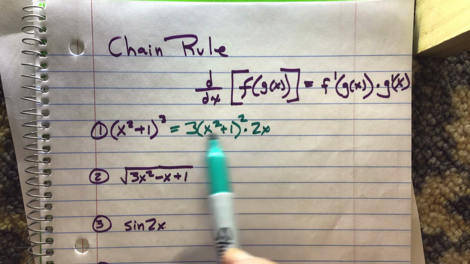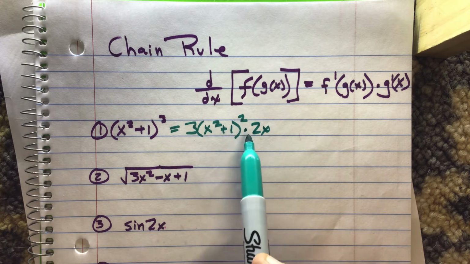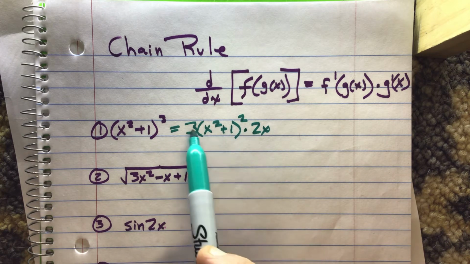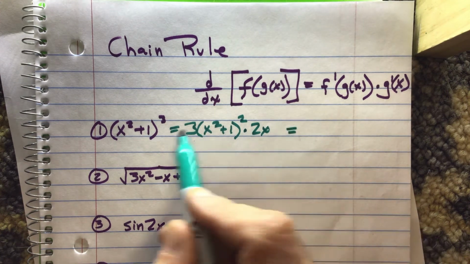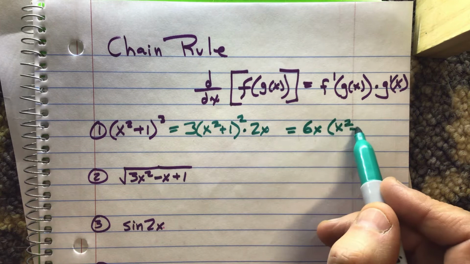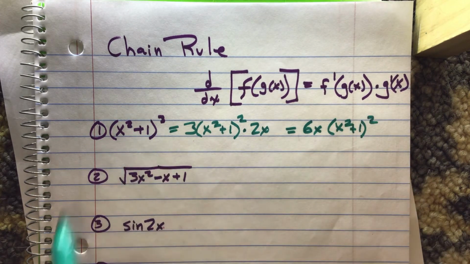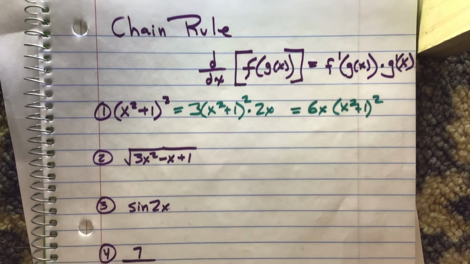And of course I can clean this up a little bit, because it's 3 times x squared plus 1 squared times 2x. It's all being multiplied, so I can just call this 6x times x squared plus 1 squared. And that's the derivative. And that's the chain rule. It's taking the derivative of the outermost times the derivative of the innermost.